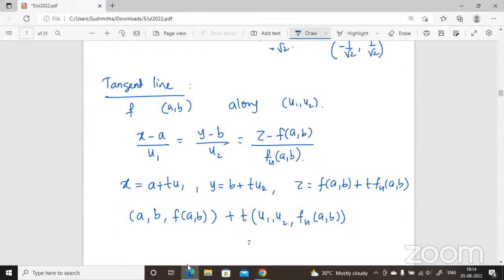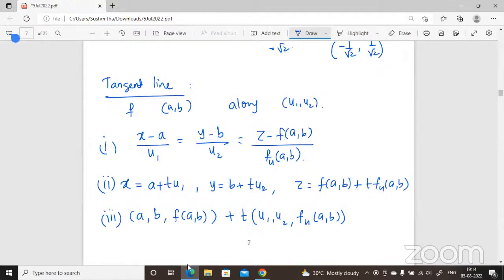You can use any one of these tangent line forms. We didn't use it in any mock or the end term mock, right? No, it was used in the mock, that affine space, it used this equation. Remember, tangent plane, not line.